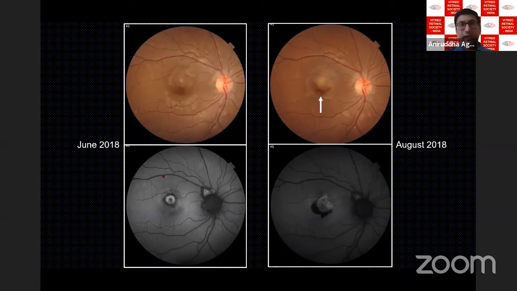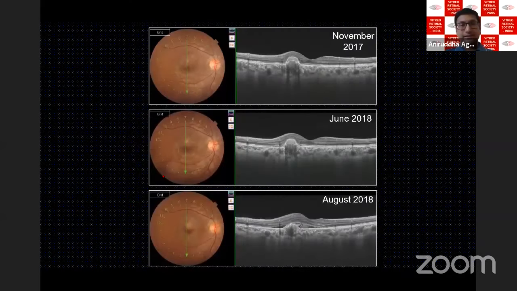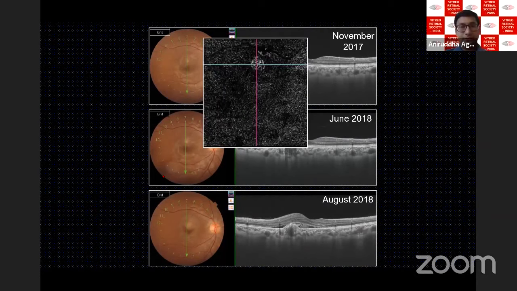As you see on the serial OCT, although nothing much changed between November 2017 and June 2018, you have fluid now in August and a significant drop in the vision. And if you look at the OCT angio, you find a very significant increase in the neovascular network.